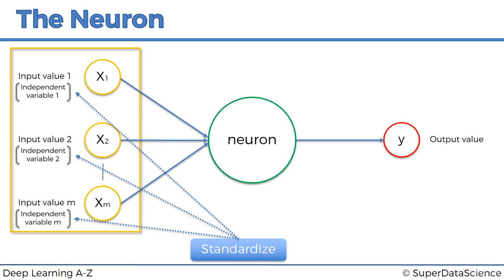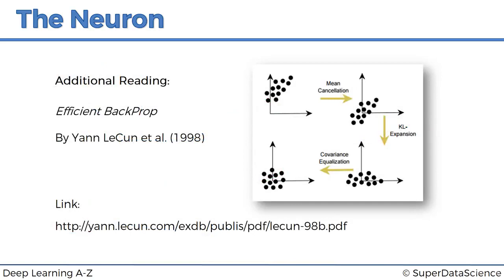And if you want to read more about standardization, normalization, and other things that you can do with your input variables, a good additional reading paper is called Efficient Backprop by Yann LeCun, 1998. The link's over there. We're actually going to talk more about this phenomenal person in the space of deep learning in the part of the course where we're talking about convolutional neural networks, and you'll see that this is definitely a person who knows what he's talking about.